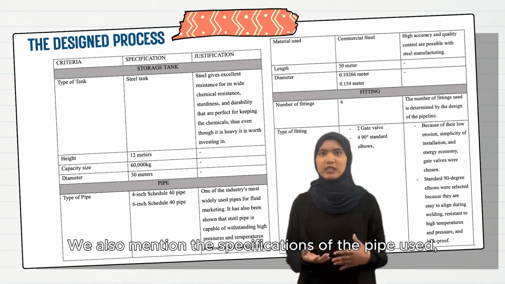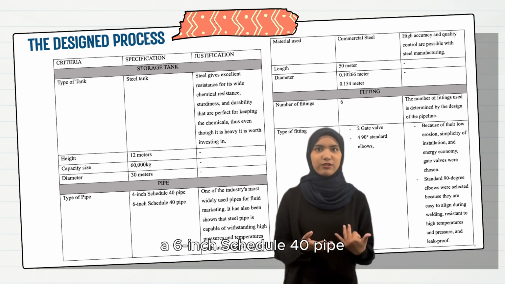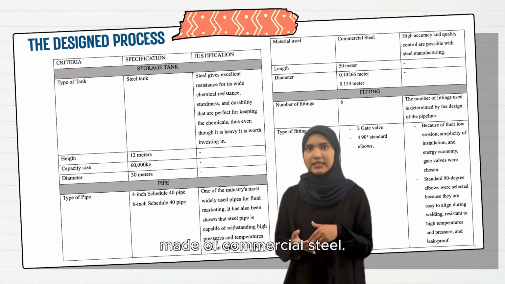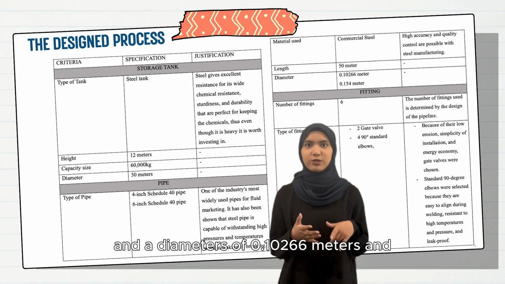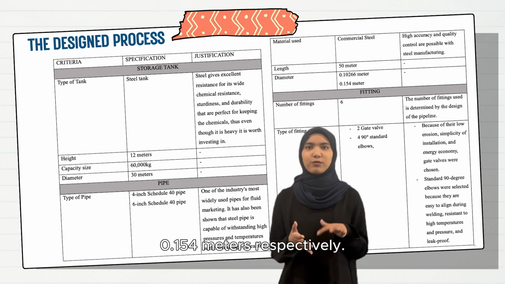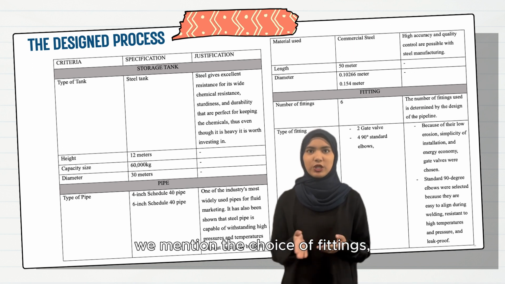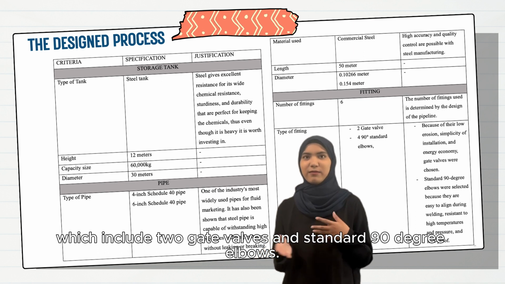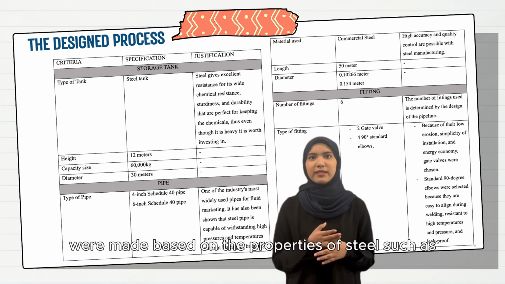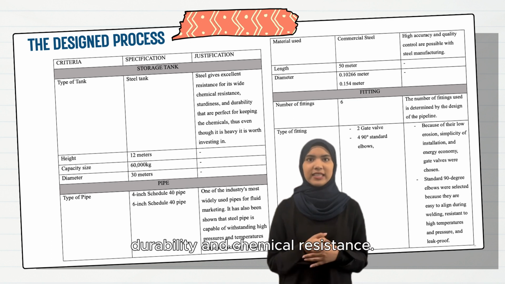We also mentioned the specification of the pipes used, which include a 4-inch schedule 40 pipe and a 6-inch schedule 40 pipe made of commercial steel. The pipes have a length of 30 meters and a diameter of 0.10266 meters and 0.154 meters respectively. Additionally, we mentioned the choice of fittings, which include 2 gate valves and standard 90-degree elbows. These choices were made based on the properties of steel such as resistance, sturdiness, durability, and chemical resistance.